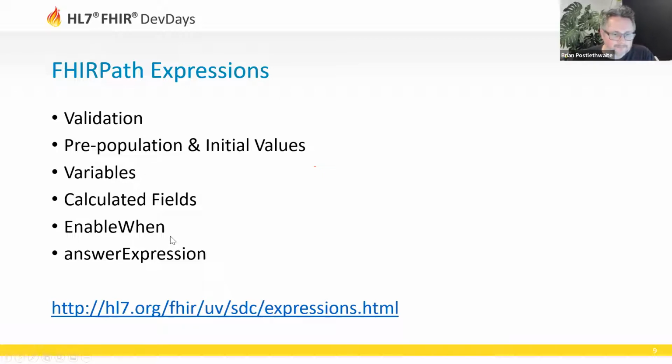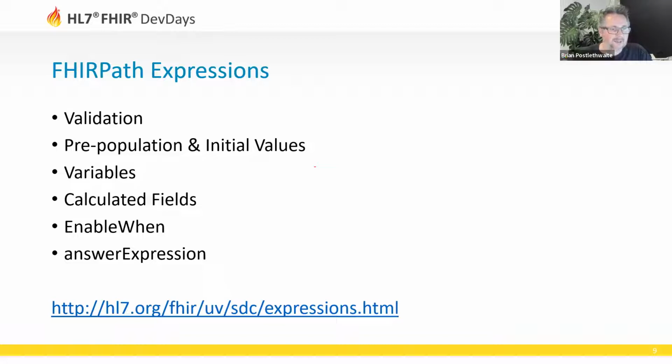Enable when gives us the capacity to dynamically hide and show fields while the user is entering content, and actually get a real dynamic experience. There's an extension for enable when expression as well.